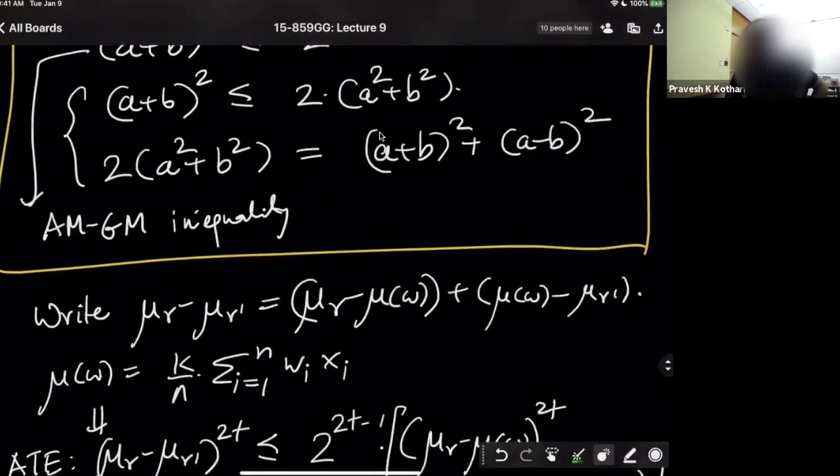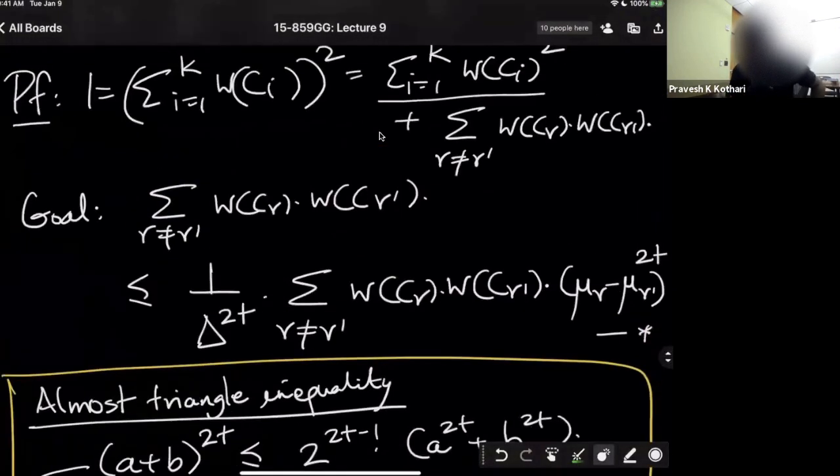So let's go back to the very first step. When I was introducing this notation the last time, I stressed the fact that you have to be careful about what is a constant and what is a variable of the SOS proof. In the first step, there is nothing that we do to the variables. The W's are variables here, but mu_r minus mu_r prime and delta are constants.